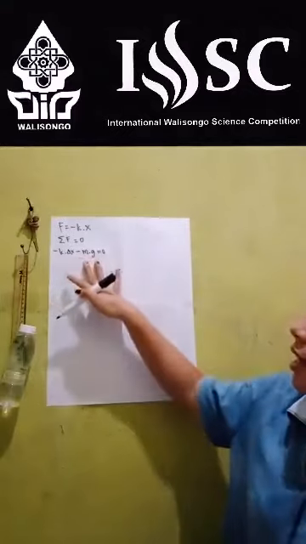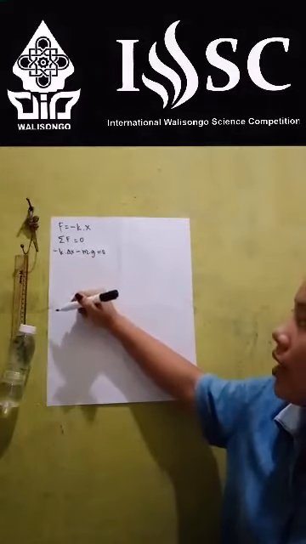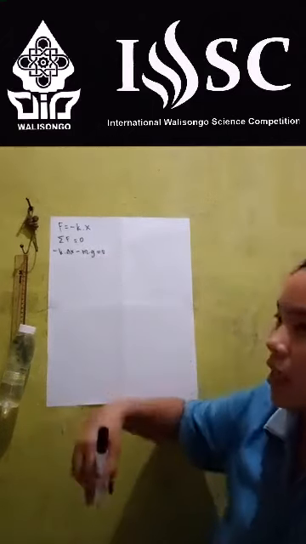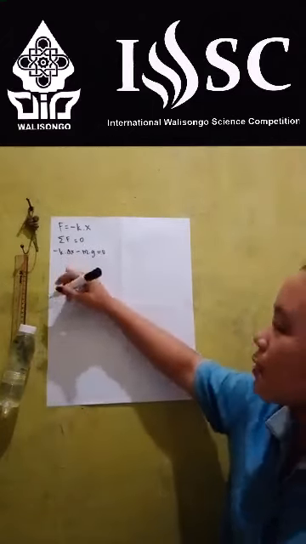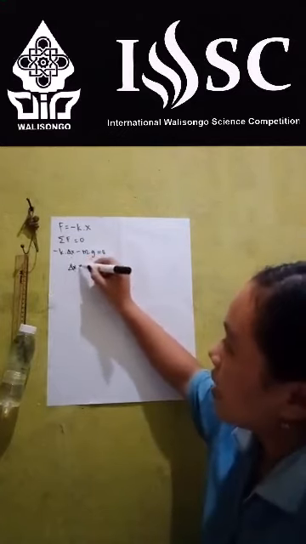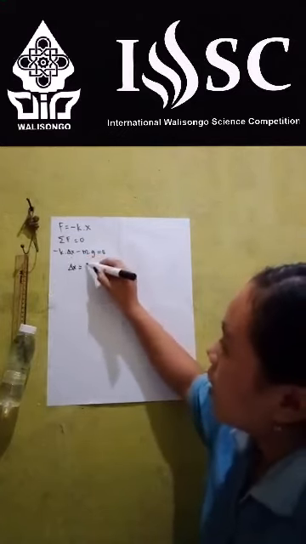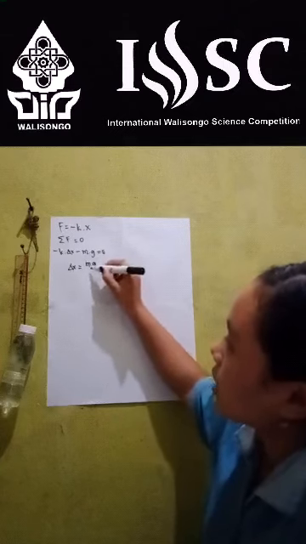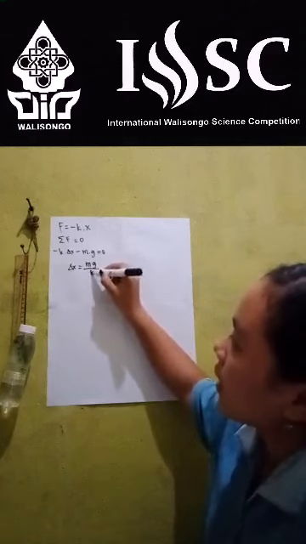From this equation, we get that the displacement of the object is equal to the mass of the object times gravitational acceleration divided by k.